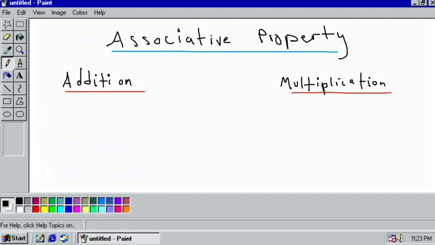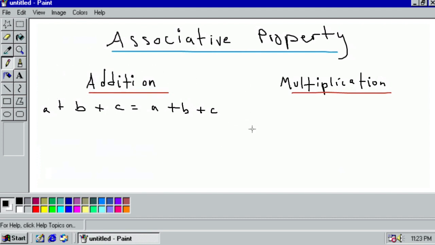Let's have some space because this is a long one. They're equal actually.